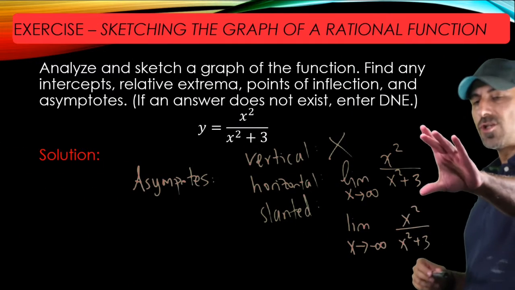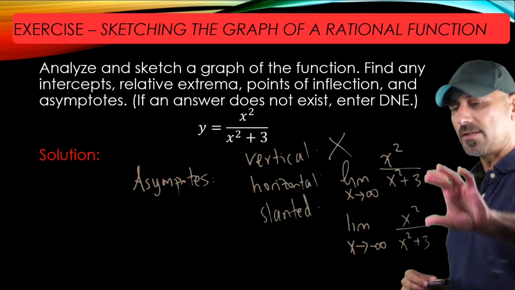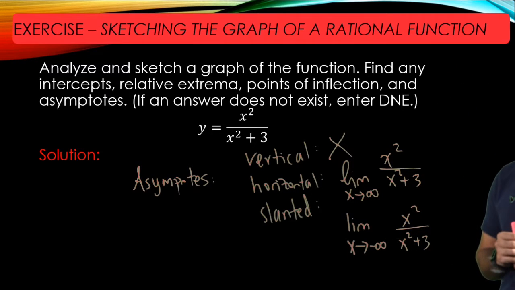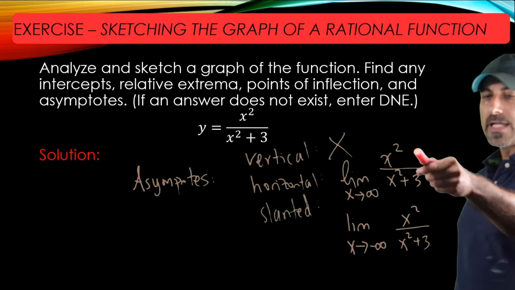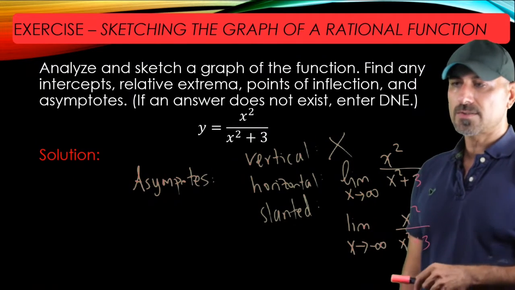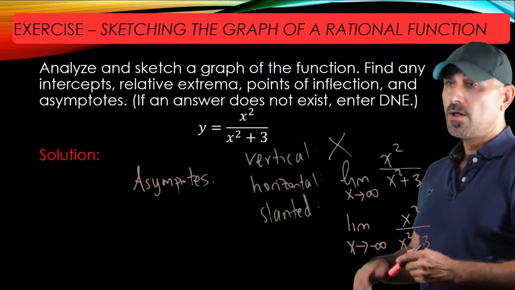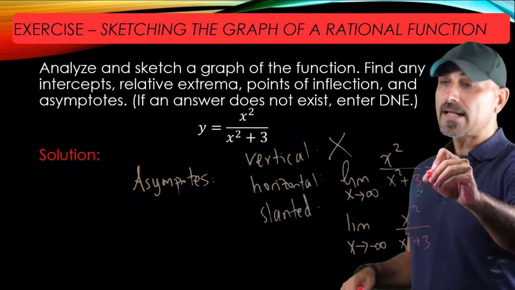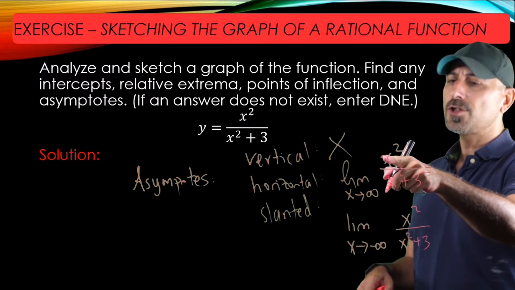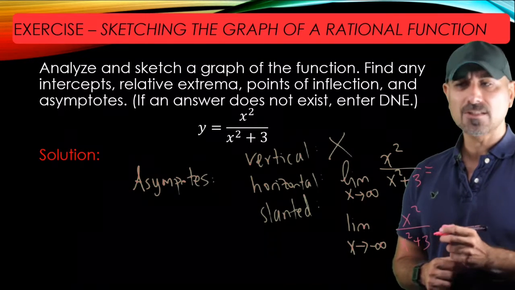If you have a rational function to start with, like in these two cases, all you're going to do is look at the degrees of the top and the bottom. We have x squared here, the degree is 2, and we have x squared plus 3, the degree is also 2. So the fact says that the limit behavior of the function at infinity is the ratio of the leading coefficients of the highest degree terms.